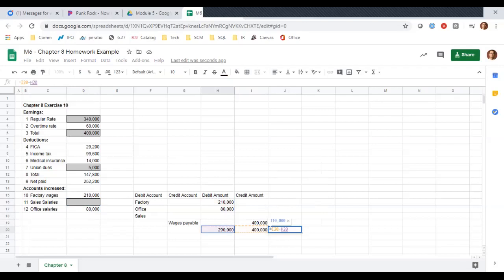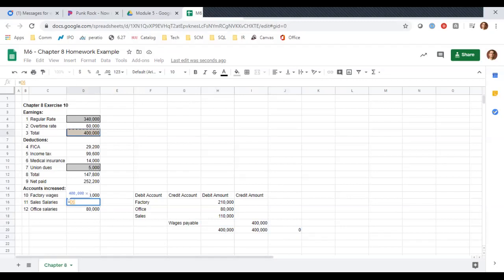I like to think about things in journal entries. So that's why I do that. I know that we didn't have to, but that's kind of how my mind works, in a journal entry format. So, in order to make sure that our debits and our credits match, we have to debit sales wages for 110,000. Okay, and we already have that here.